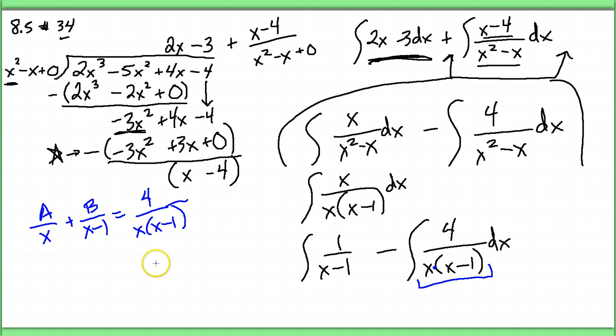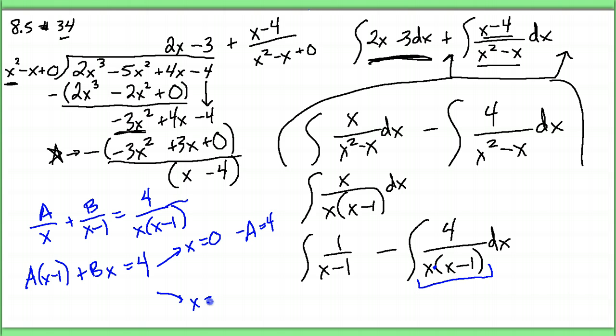And so now you get to have fun, right? So you've got a times x minus 1 plus b times x equals 4. So you do your 2 situations. When x equals 0, negative a equals 4. And when x equals 1, b equals 4. And so you can use that to your advantage.